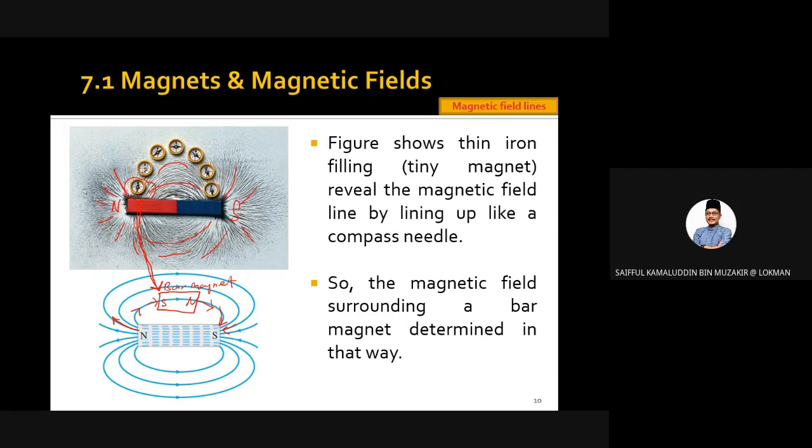The compass will show north pole. If you look at this compass, this is its north pole. You can see the needle is like this: this is north, this is south. So the north pole of a compass is actually pointing towards the magnetic south pole of this bigger bar magnet.